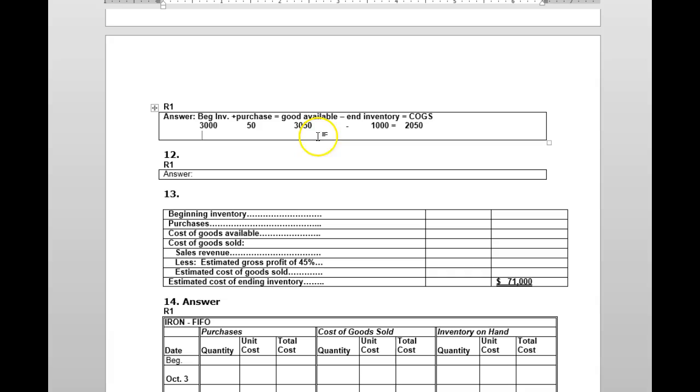So what happens? I'm all the way to here. What happens if all this scenario is the same, but instead of the ending inventory being stated correctly at 1,000, it's stated at 2,000. What does that do to my cost of goods sold? Is that going to increase it or decrease it?